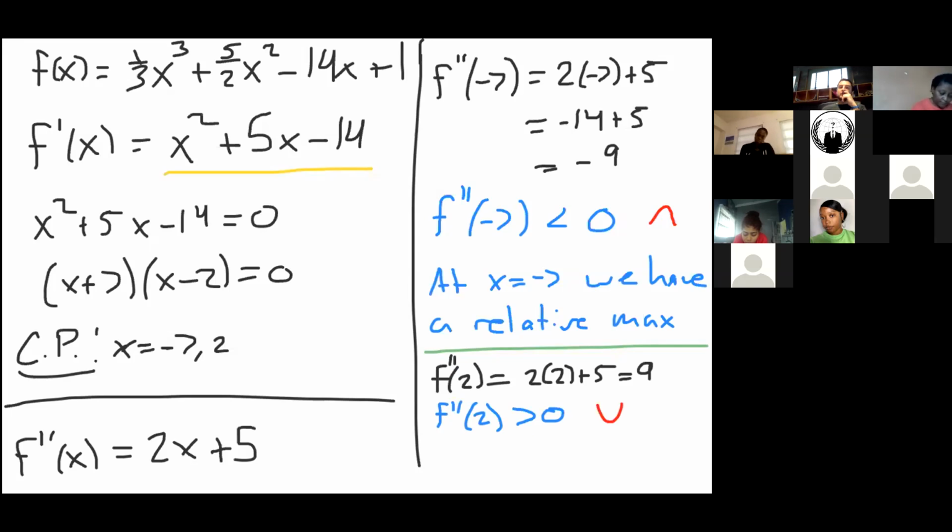The cavity is facing upwards, which means I have what? Relative max or relative min? Relative min. Yeah, thank you, Shanice. At x equals 2, we have a relative min. So that's how we use the second derivative test. Okay? Questions?